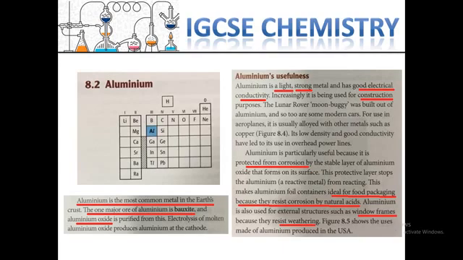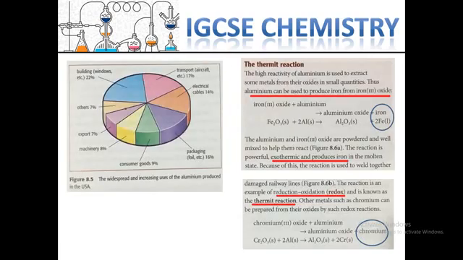It can also be a good choice for food packing, to make foil containers to pack food. So there are many uses for aluminium.